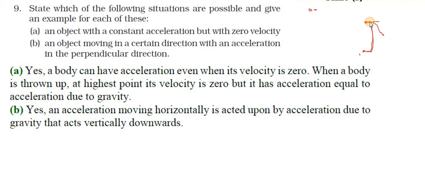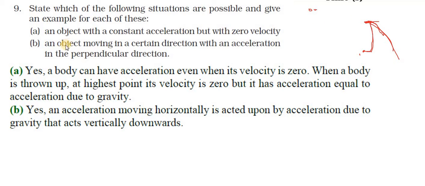The ball will stop at this point for a microsecond. So the velocity becomes 0 after stopping for a microsecond. Then after stopping, it will start coming down. While coming down, it will fall under gravity, that is, acceleration due to gravity, which is 9.8 meters per second squared. We're going to study this in the higher classes.